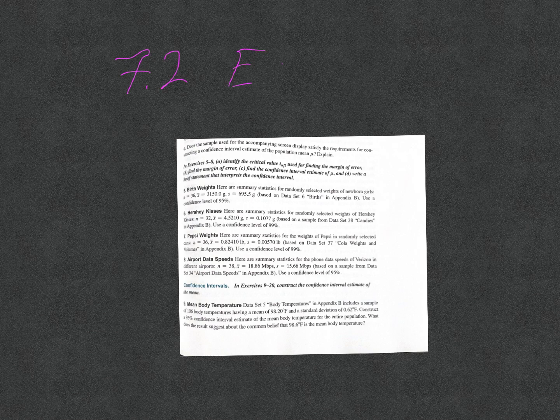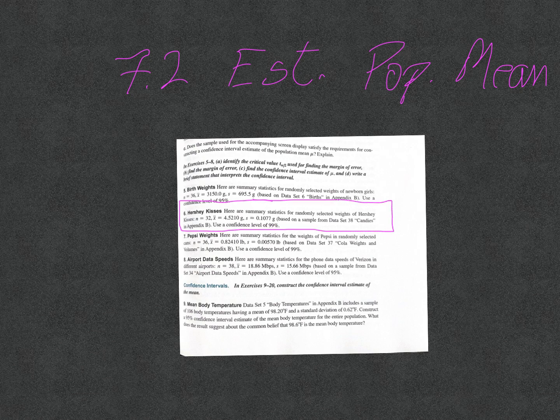All right, in this one, we're going to do the same thing that we did in 7.1. We're just going to work with a couple of problems, and of course, I always like to do stuff with chocolate. So we'll do the Hershey Kisses problem, and maybe if we have a little more time, then we'll do airport data speeds.